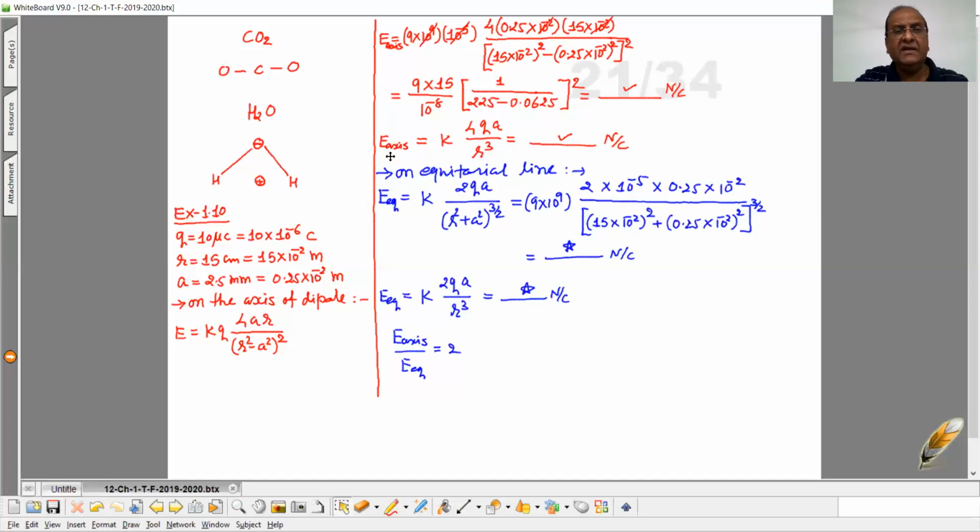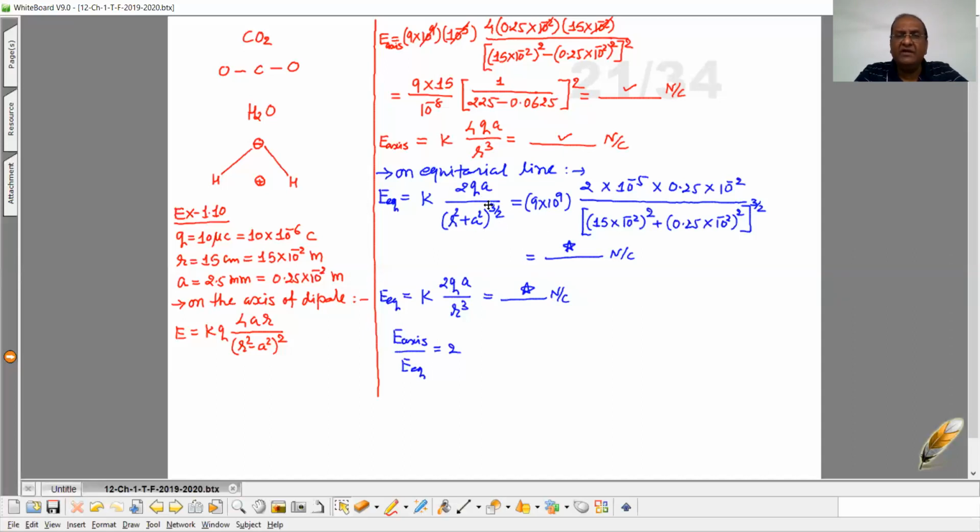Clear? Then if we consider here A very much less than R, then simply you can use the equation K 4QA upon R cube. Again here substitute the values of K, Q, A and R and solve this one. You will get these two answers nearly equal. Similarly, on the equatorial line, we can use the equation E equator equals K 2QA upon (R square plus A square) raised to 3 by 2.